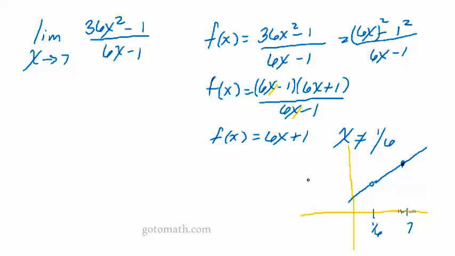Alright, and the way this works is we're going to come in from the left hand side, and we're going to come in from the right hand side. What exactly does that mean?